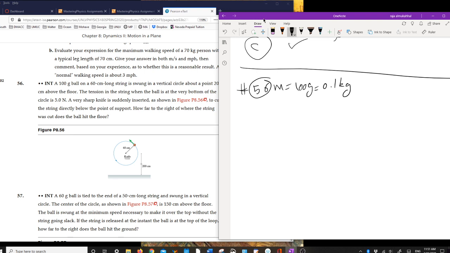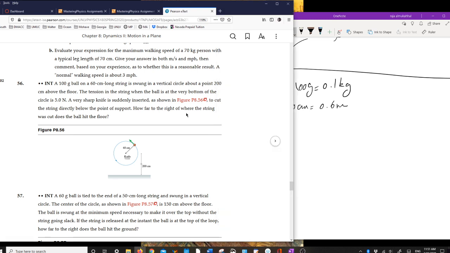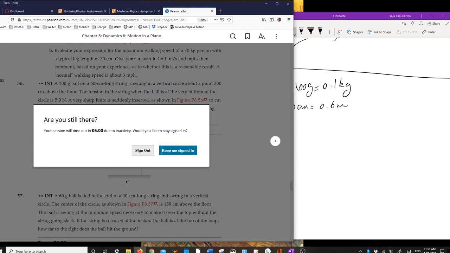So I have a string of 60 centimeters, so that makes it a radius, 60 centimeter, that makes 0.6 meter. It's swung in a vertical circle about 200 centimeter above the floor. Oh, there is a picture right there. Sorry, here's the picture.